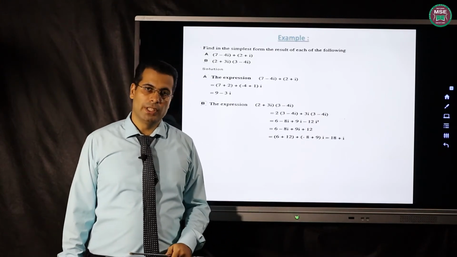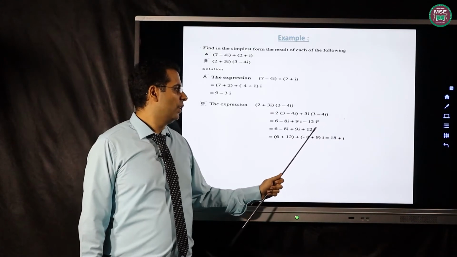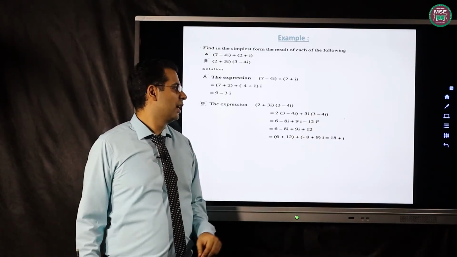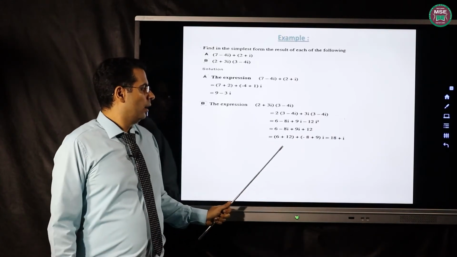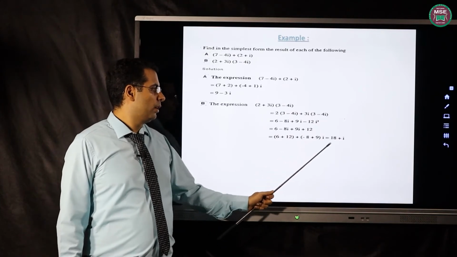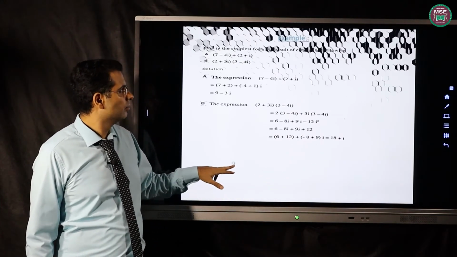And we know that I power 2 equals negative 1. Negative 12 times negative 1 gives me 12. Or we can say, cancel I power 2 and change the sign. Okay? Simplify the real parts and imaginary parts. 6 plus 12 equals 18. Negative 8i plus 9i equals I.